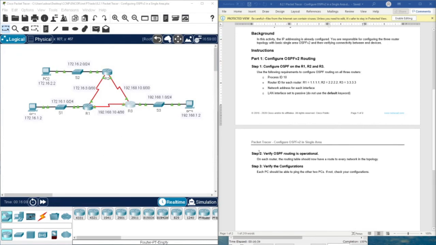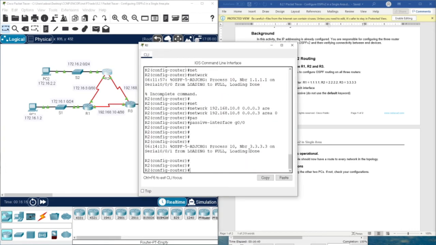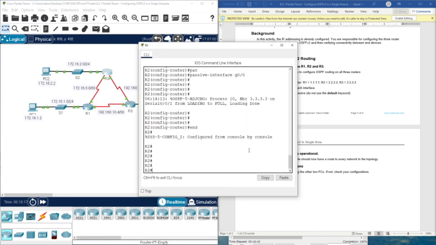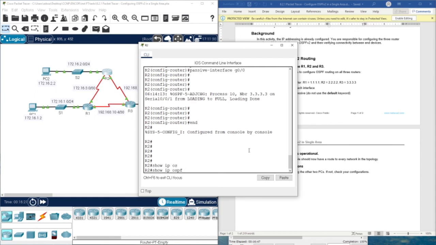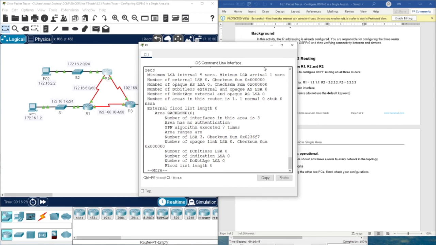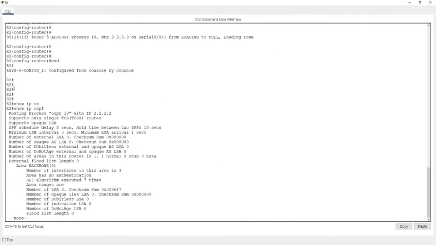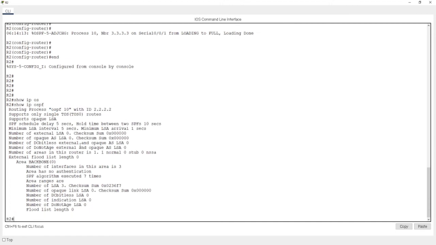Okay, so now we verify OSPF routing is operational. Let's go here, and of course we need to go to this mode and then show ip ospf. And here we have all the information. Here we have the router ID, the process ID, which is 10, and the ID of the router.